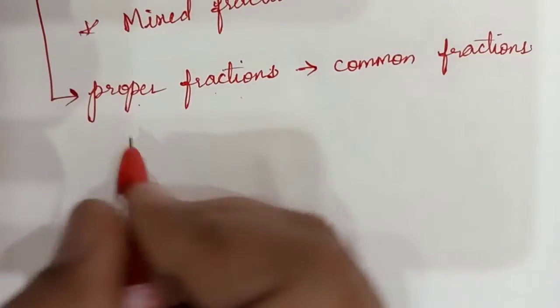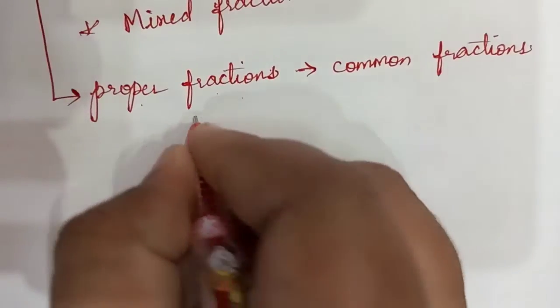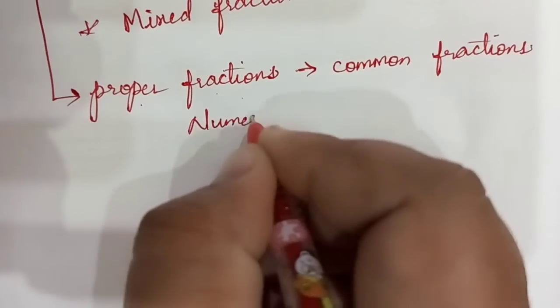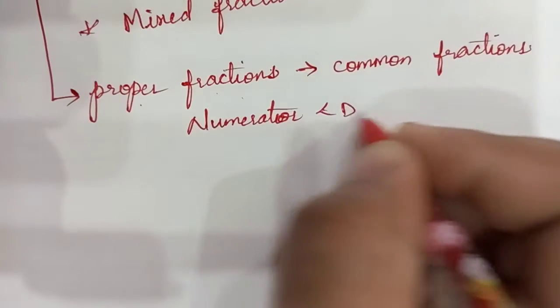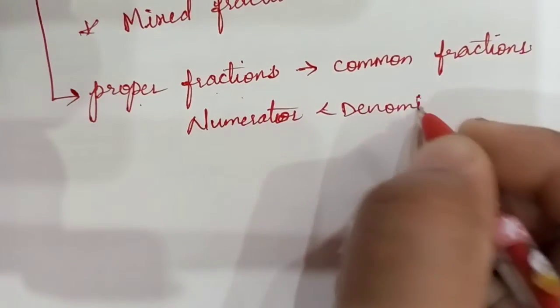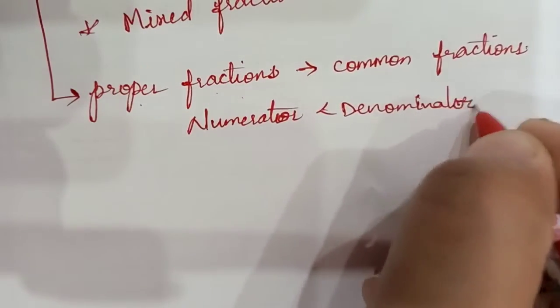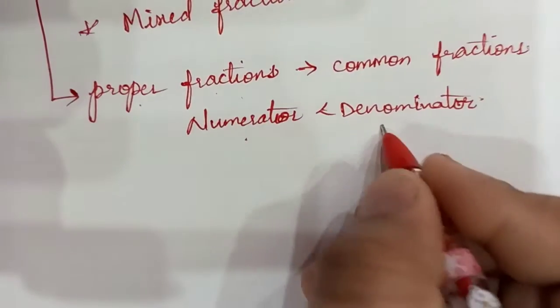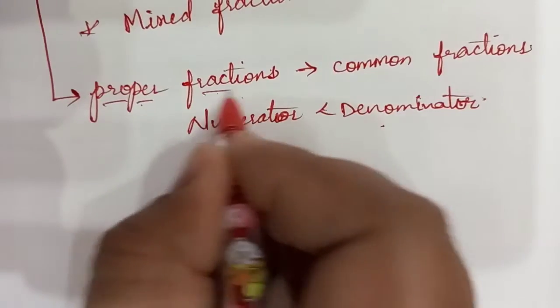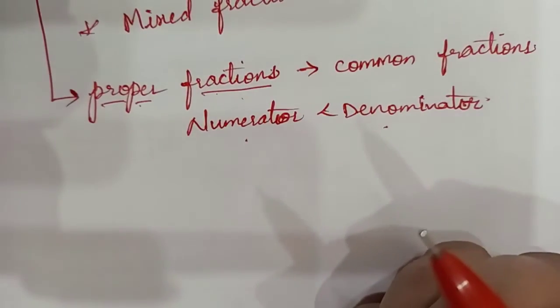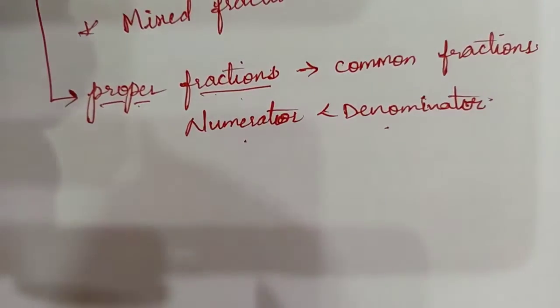What are proper fractions? The fractions whose numerator is always less than the denominator. Those fractions are called proper fractions. With a simple example, I am going to explain.